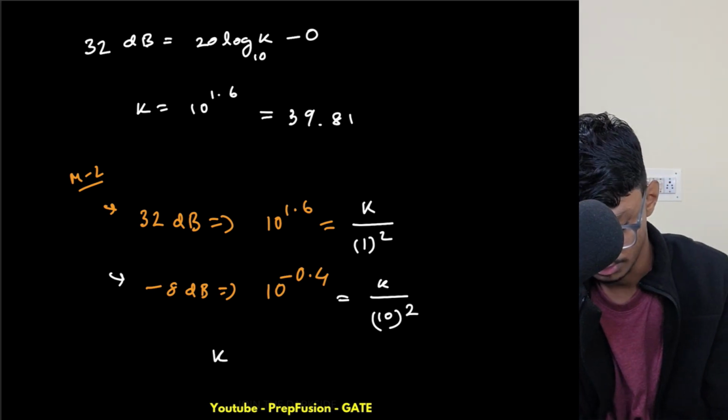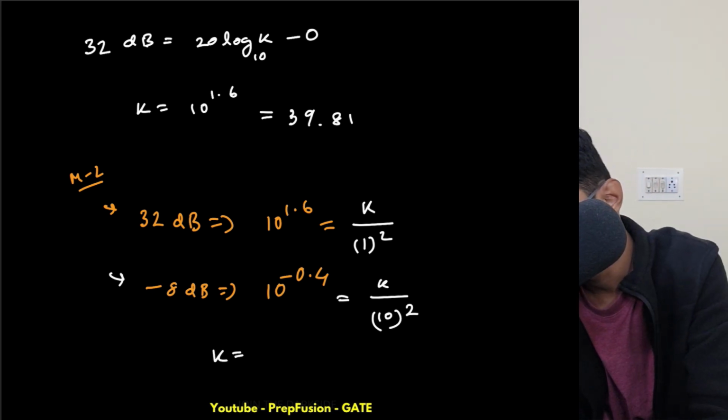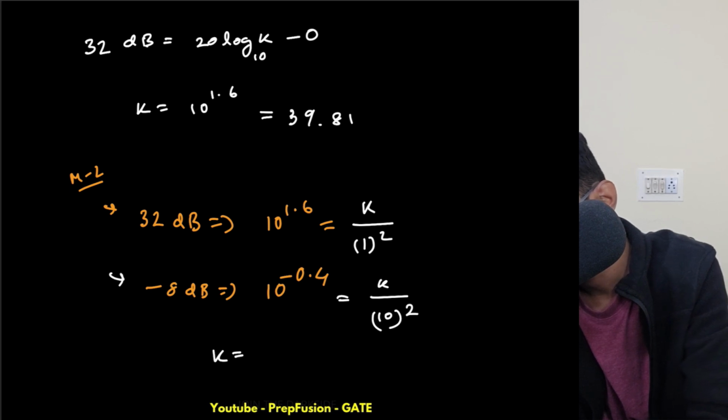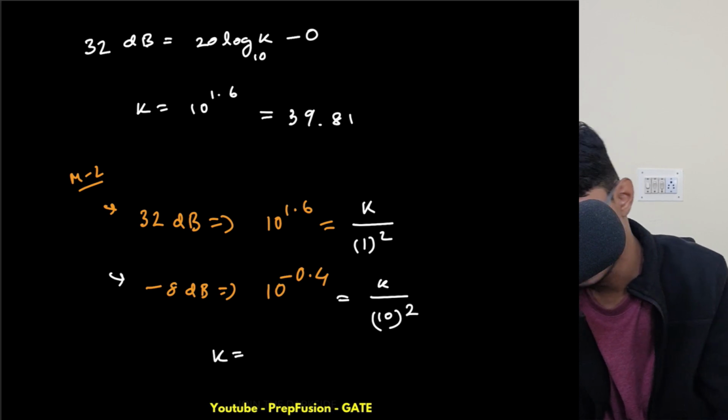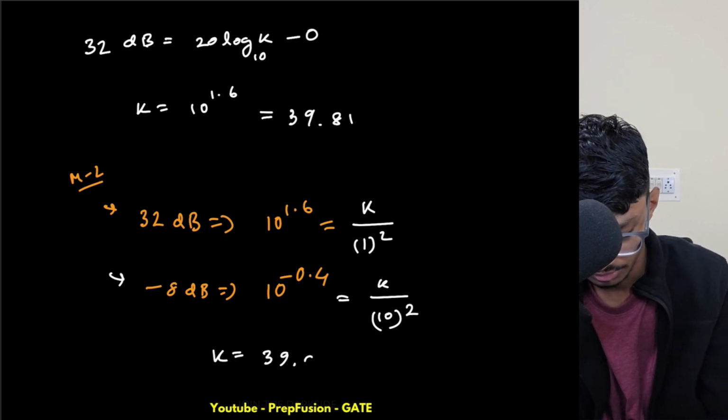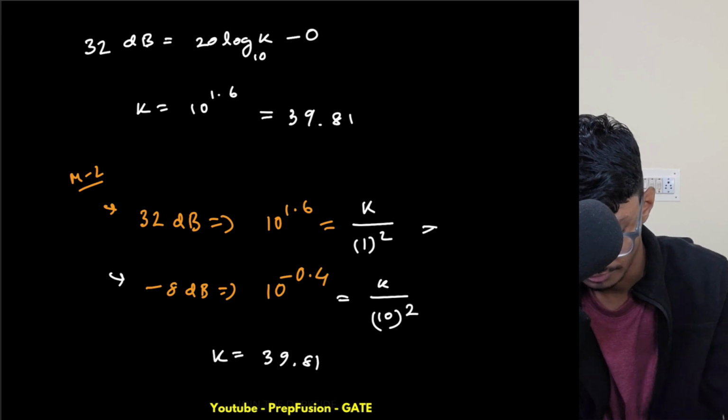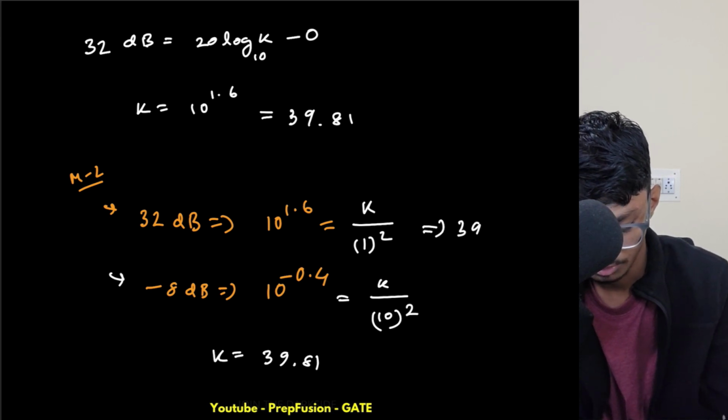So now you get the value of K. I'm just cross verifying. Into 100, you get the same value, 39.81. From here also you get K equals 39.81.